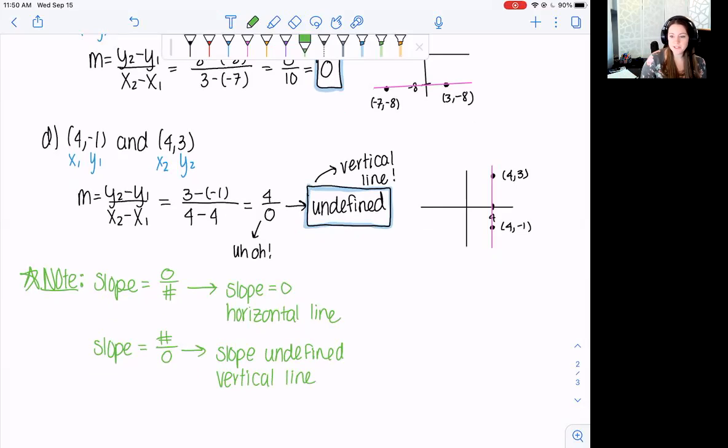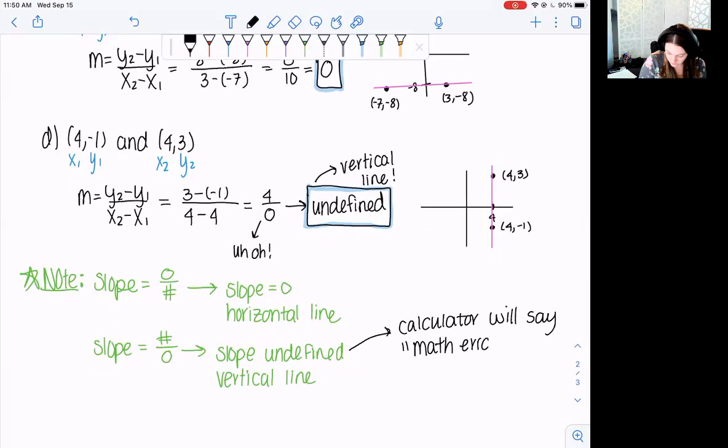If you're using your calculator to do these problems, you'll know that you have an undefined slope because your calculator will say something like math error. Math error is the calculator's way of saying that something is undefined. Either you're trying to take the square root of a negative number, or you're dividing by 0.